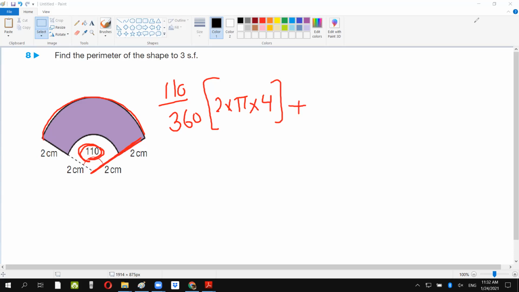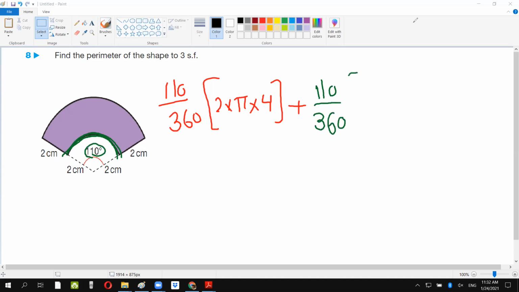I took the big one. Now I will take the small curve. I want the length of the small curve. You can see the rule for the small curve, the green line. 110 is the angle out of the total 360.